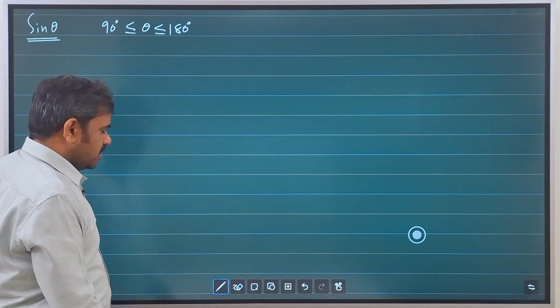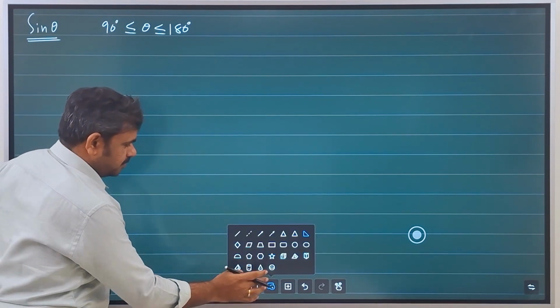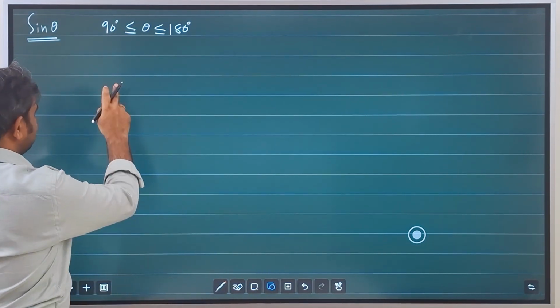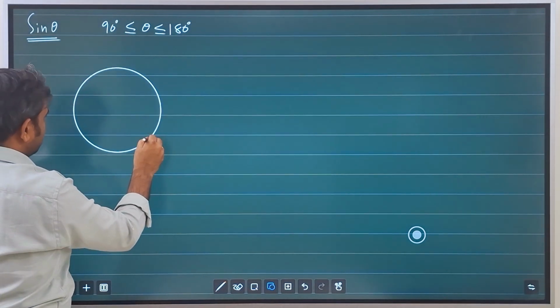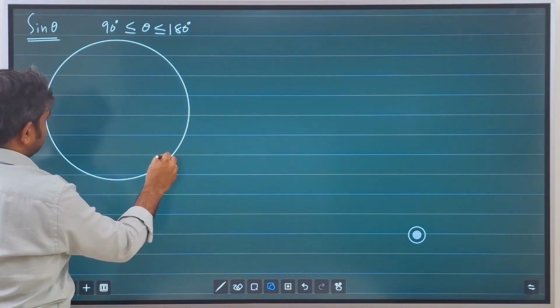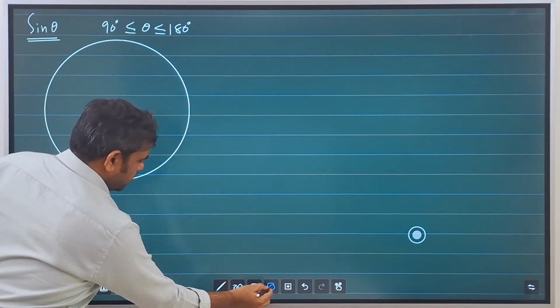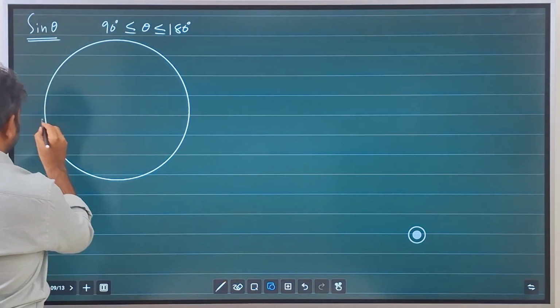So between 90 degrees and 180 degrees, let's draw a right angled triangle in the second quadrant of the circle. This is the circle. Let me draw the x-axis and also the y-axis.